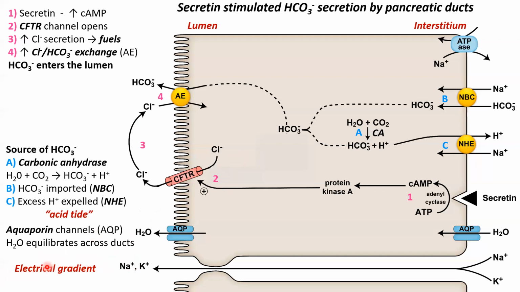Now, I don't know if I covered this enough, but there's a paracellular rule. If you're moving chloride or bicarb in one direction, you're going to create a net negative charge, which will allow for the removal. Now, it's an electrical gradient, not a chemical one, but it allows sodium and potassium, for example, to move passively.